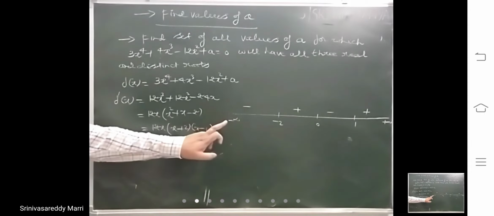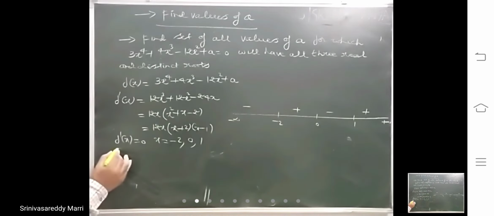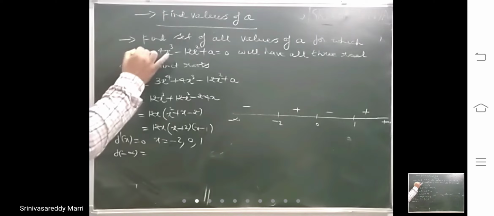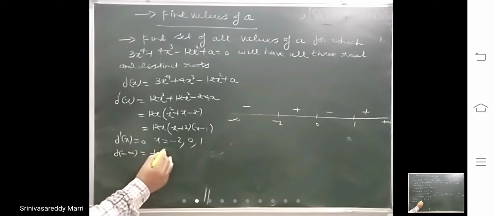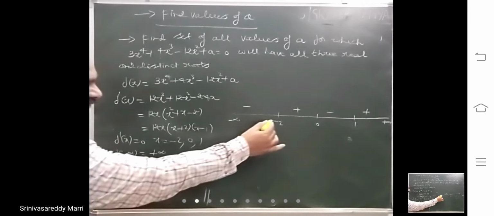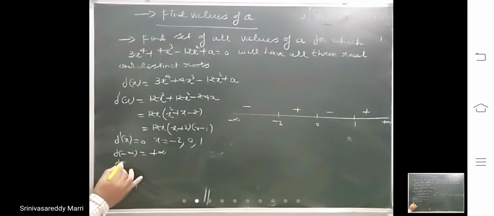Now look at f of minus infinity, I am calculating. F of minus infinity means, with the even power, you will get plus infinity, right? F of minus 2 I am calculating. You substitute minus 2 in that, you will get a value. Calculate that.